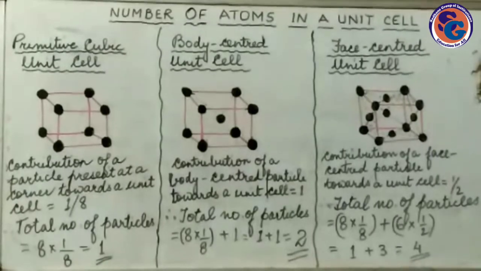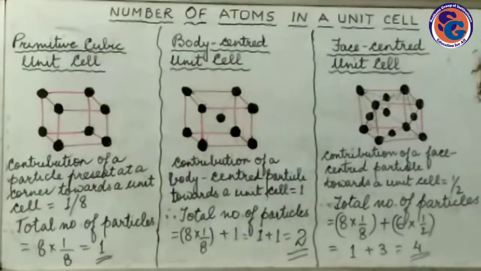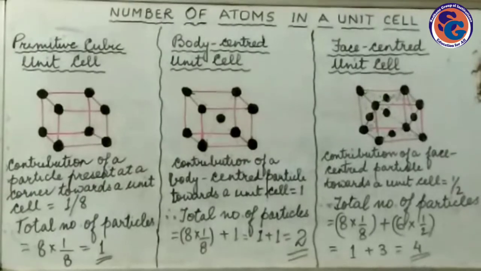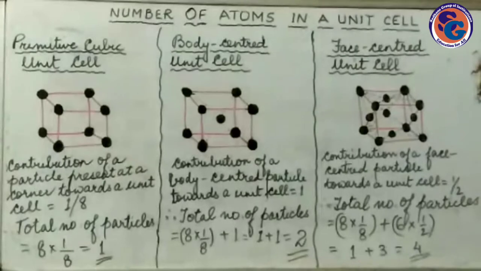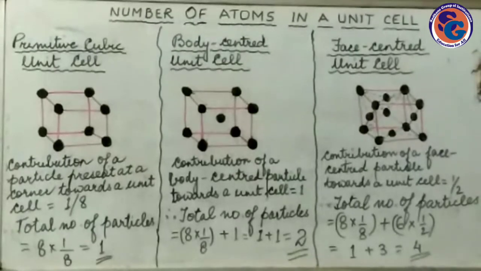The contribution of that body-centered particle towards a particular unit cell of which it is a member is 1. That means it wholly contributes to that particular unit cell of which it is a member or within which it lies.